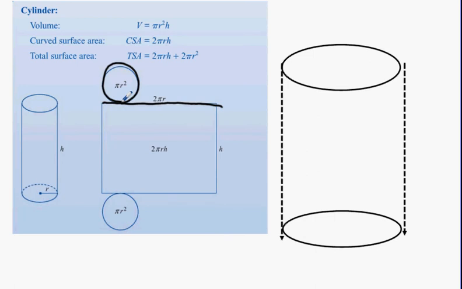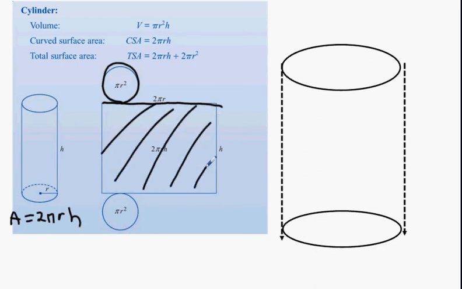In your formulas, you'll be given A equals 2 pi r h. That's the only thing you'll be given. So that's this part here. What you aren't given is what, guys? The two circles on the top and the bottom. So you'd have to add on 2 pi r squared. That's not included in your tables.